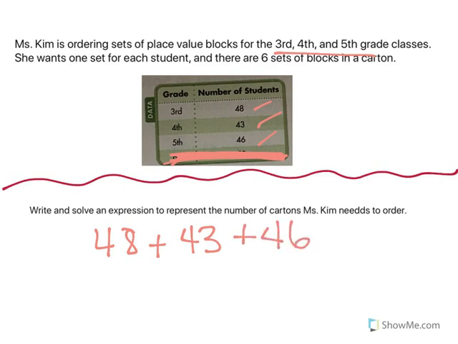So our expression is not complete yet, though, because if we added these numbers together, then that just gives us the total number of students. However, in the sets that she wants to order, there are six sets of blocks in each carton. Okay, so we need to do another operation. However, we will need to do the addition first.